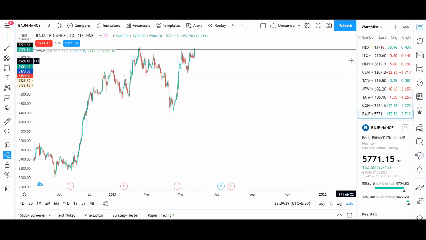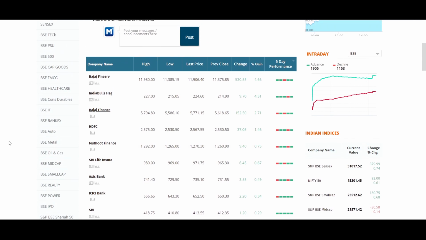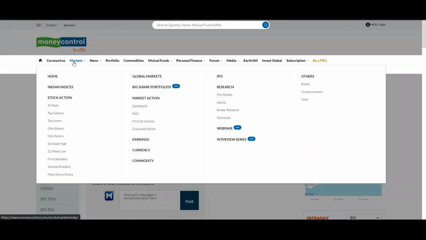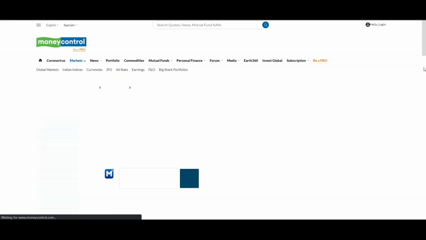Done. Then now we have to choose the two bearish stocks, right? The stocks which have shown a bearish trend. So go under markets, go under top losers, and do your analysis yourself. As of May 26th, the two bearish sectors were Nifty Metals and Nifty Energy.